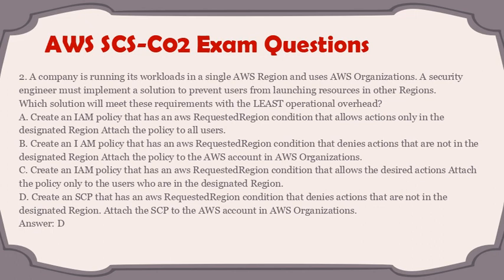Attach the policy only to the users who are in the designated region. D. Create an SCP that has an aws:RequestedRegion condition that denies actions that are not in the designated region. Attach the SCP to the AWS account in AWS Organizations. Answer: D.